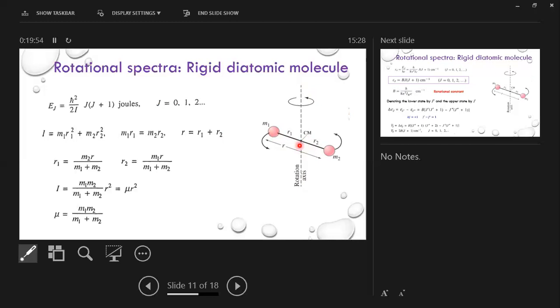This is R1 and R2. Let the molecule rotate about an axis perpendicular to the bond axis, that means either the B axis or the C axis. About the A axis, the moment of inertia is obviously 0. The axis passes through the center of mass, and the bond length is R. From the center of mass, mass M1 is at a distance R1, and mass M2 is at a distance R2.